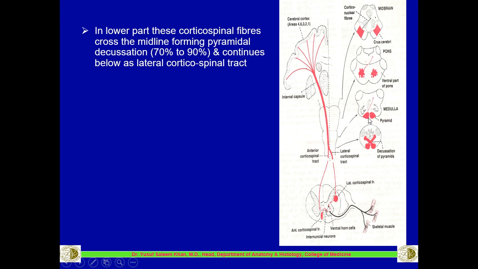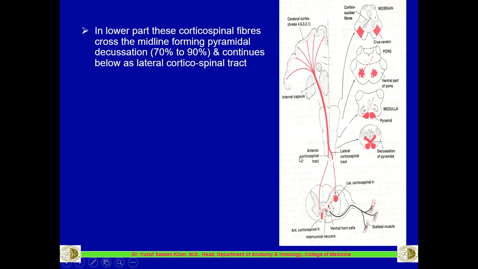In the medulla oblongata they are most anterior here, and these form the pyramid. If you see below, they descend and then they crisscross, they cross to the other side. So this is called the pyramidal decussation, because this is the pyramid. These are also called the motor decussation because these are the motor fibers, and they go to the opposite side.